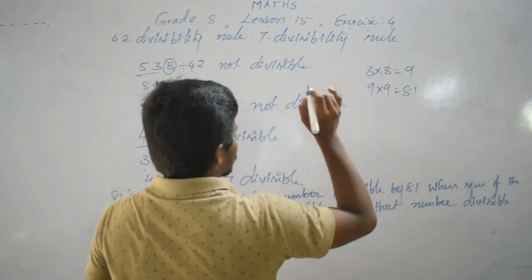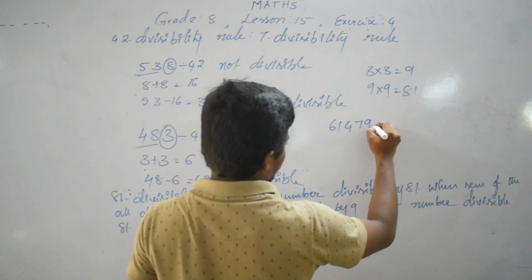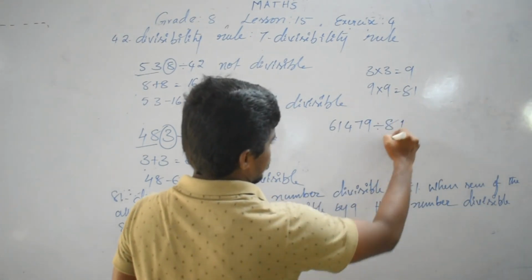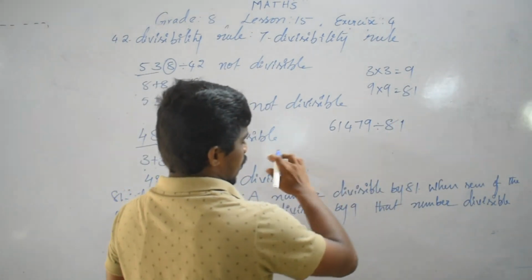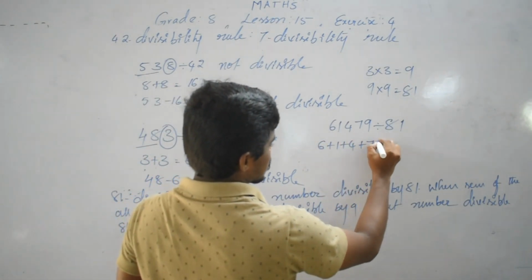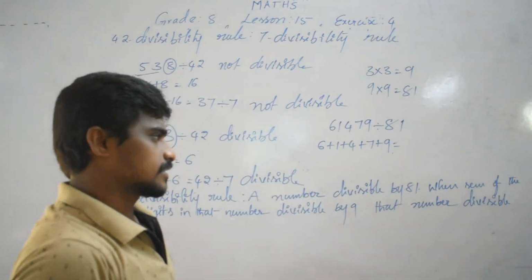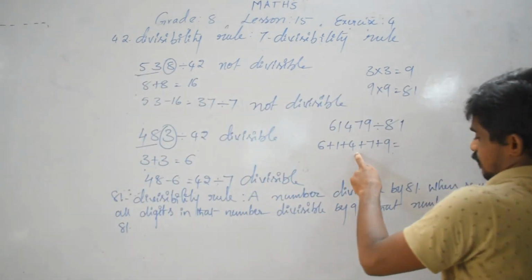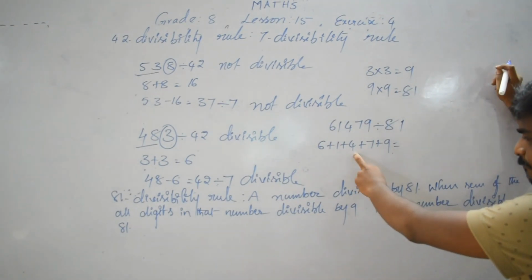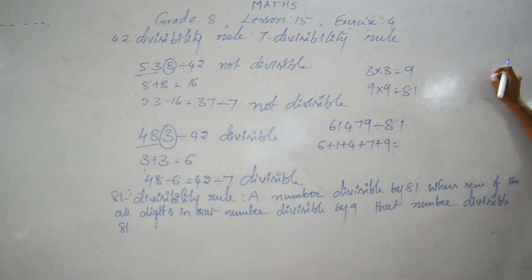Here, 61,479 divided by 81. So add 6 plus 1 plus 4 plus 7 plus 9. 6 plus 1 is 7, 7 plus 4 is 11, 11 plus 7 is 18, 18 plus 9 is 27.